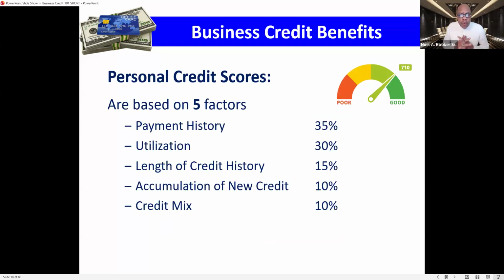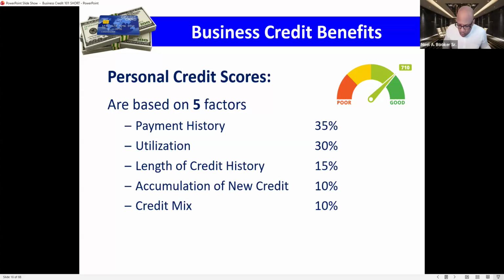Now, with personal credit, there are five factors that affect your personal credit. That's the payment history, utilization, length of credit, accumulation of new credit, and the credit mix. You see, payment history and utilization take up 65% of the whole score, with utilization 30%, which is significant.